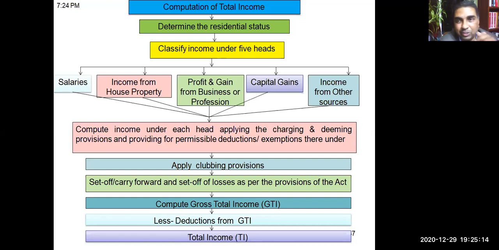Now, pictorially you can see the entire thing, how to compute total income. Just have a look. Total income depends on residential status. Then classify income under the 5 heads, combine them, then apply clubbing provisions, then apply set off of carry forward losses provisions, compute GTI, gross total income, then deductions.